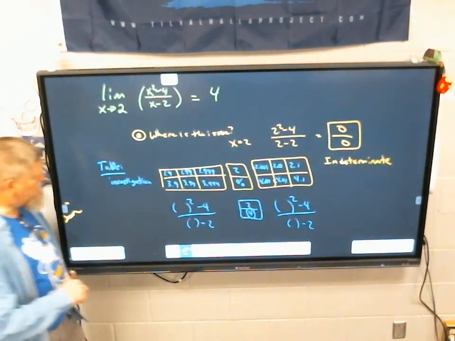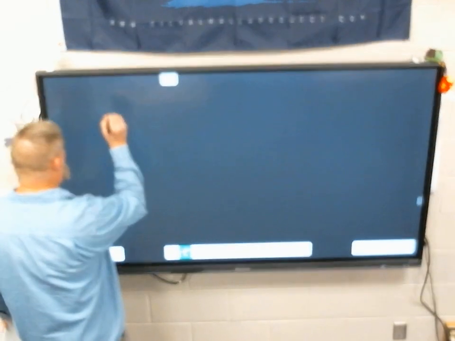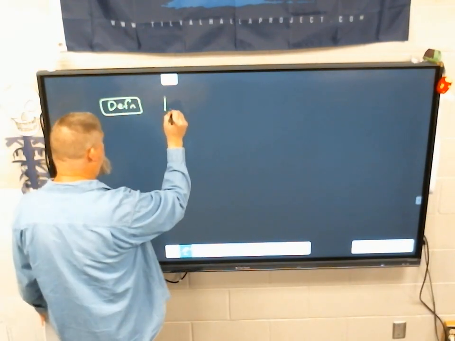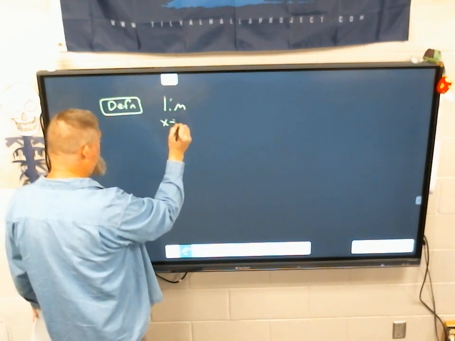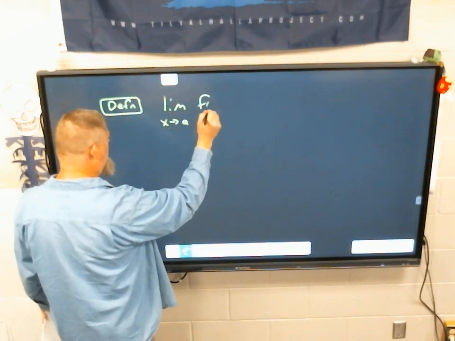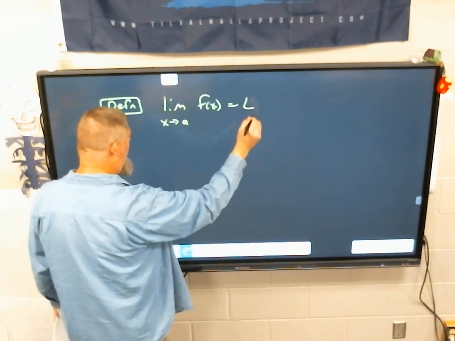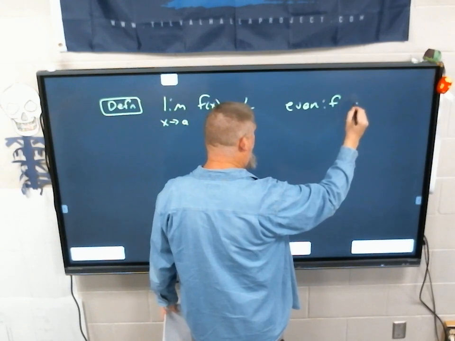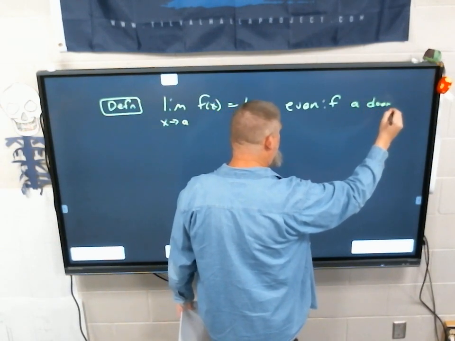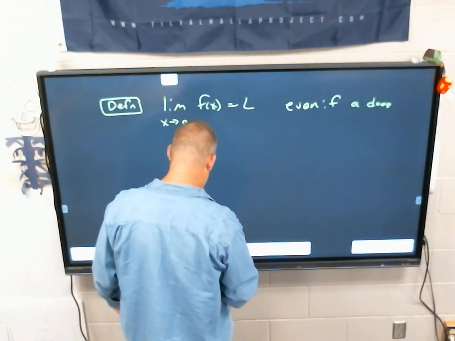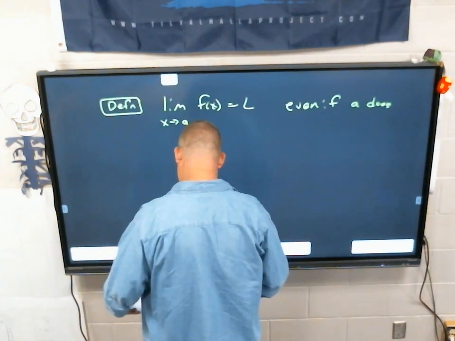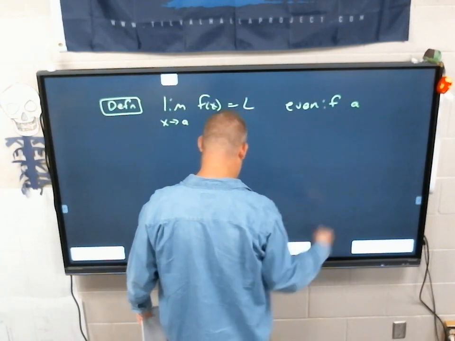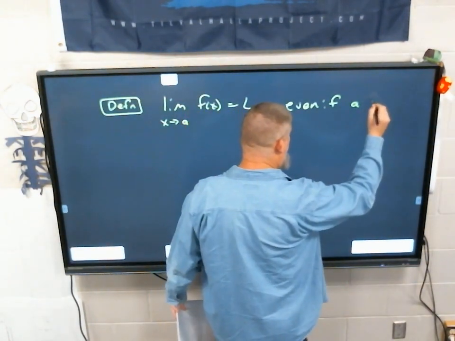So, by definition, we could say that the limit as x approaches a of some function is going to equal L, even if f of x is not defined at a.